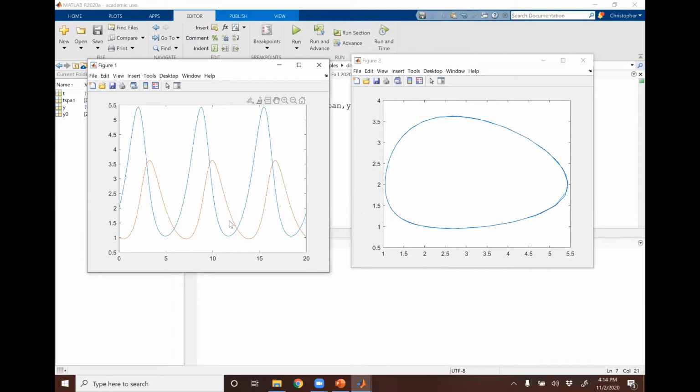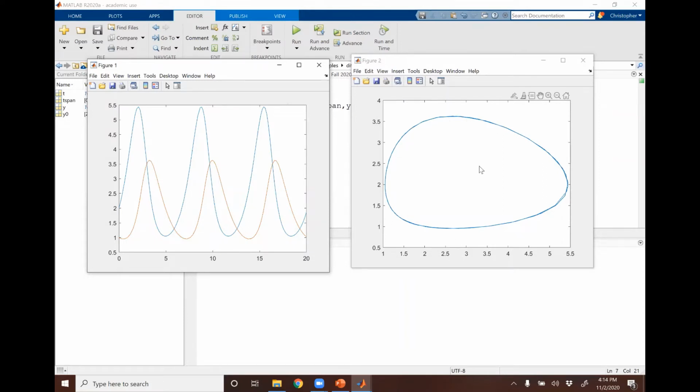And what you'll notice instantly is I didn't have to go through here and check how many steps to take, right? ODE45 is going to do it for me. It's going to do adaptive steps in order to make sure that we have that nice constant value. We can see that in the phase plot.